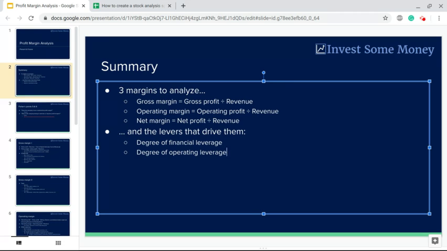To summarize, the degree of financial leverage is a gauge of what the upside and/or downside might be from the use of borrowed funds for the company, the effect on the net margin, and the degree of operating leverage is the effect on operating profit that the use of fixed costs versus variable costs would have. That's an aspect of things that I haven't seen discussed in the past. So, like I said, that's a summary of everything, and we'll get into it here.